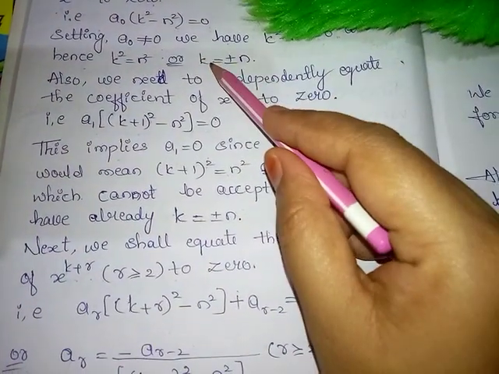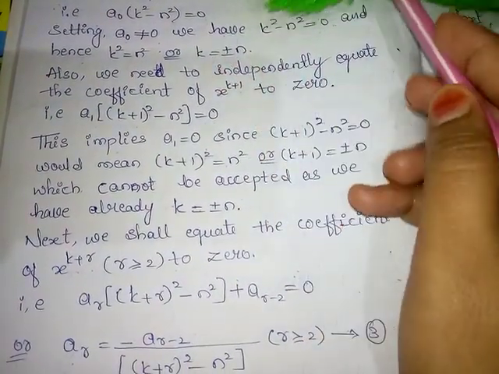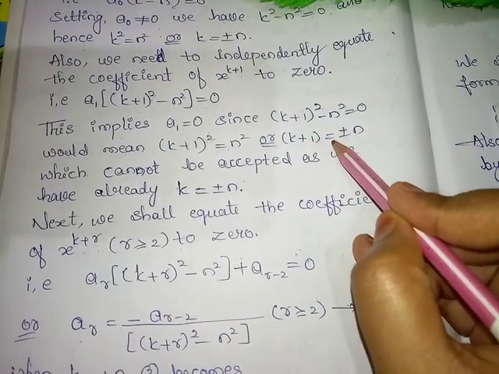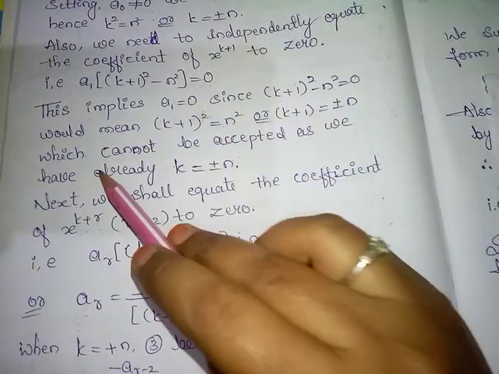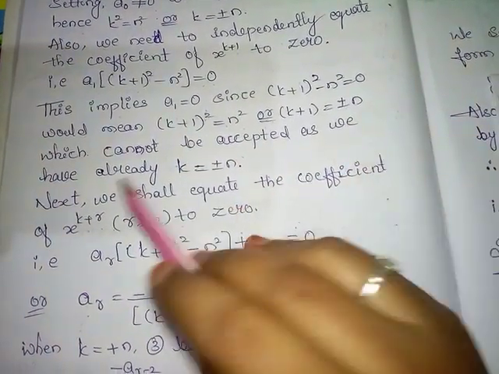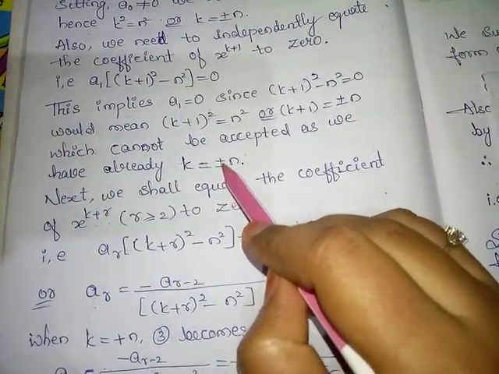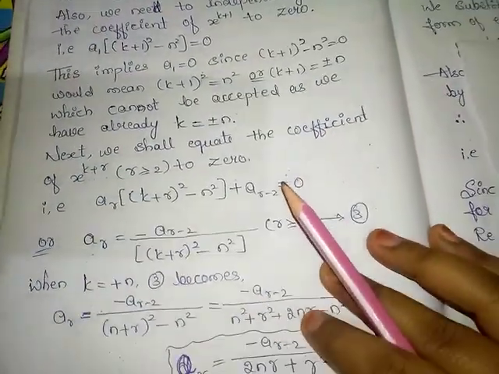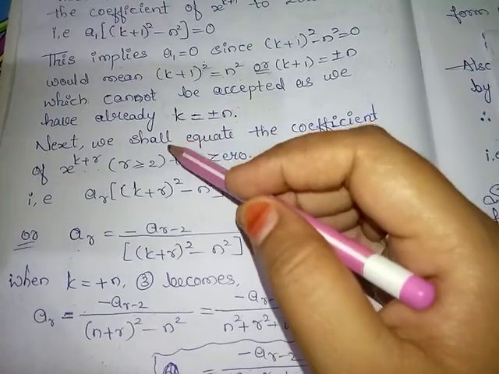Why? We already have k is equal to plus or minus n. Then we can't get k plus 1 as plus or minus n, which cannot be accepted as we have already k is equal to plus or minus n. So we go for the further coefficient of x.